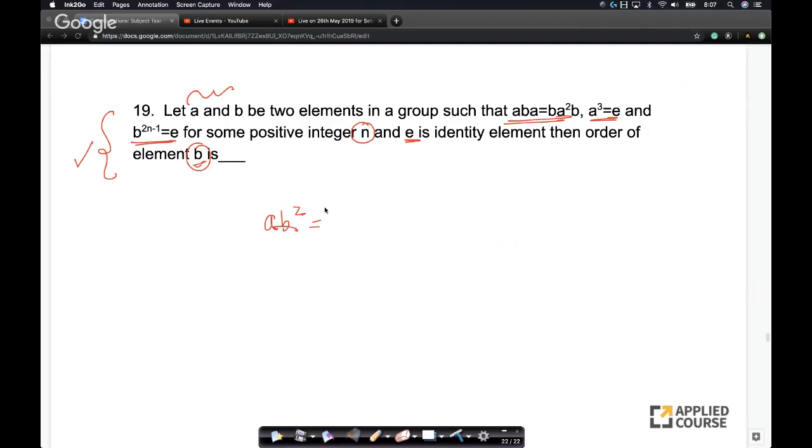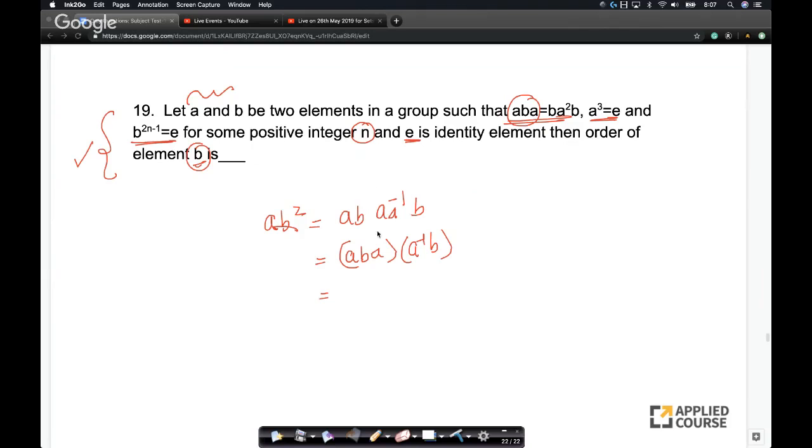Can I write AB square as AB into A inverse into B? I can write this, right? Because this is equal to E, right? I'm trying to get ABA here. So I can write this as ABA, A inverse into B, because associativity always works, right?